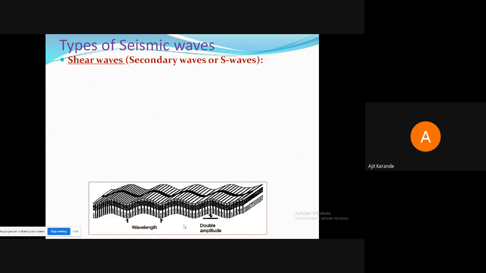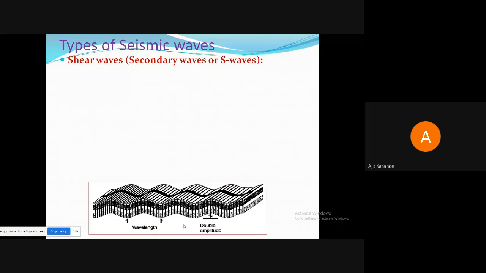In that figure, you can see the movement of the Earth's surface in its shear waves, also in the vertical direction, in the vertical plane. Up and down, some troughs and some crests are formed due to movement of the Earth surface.